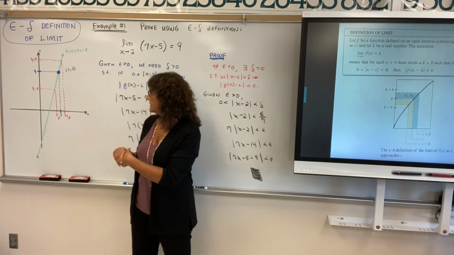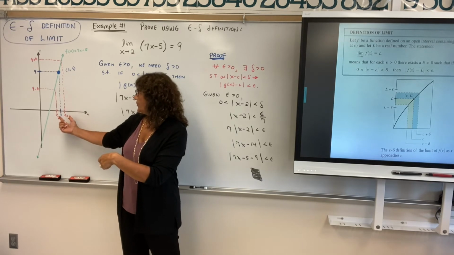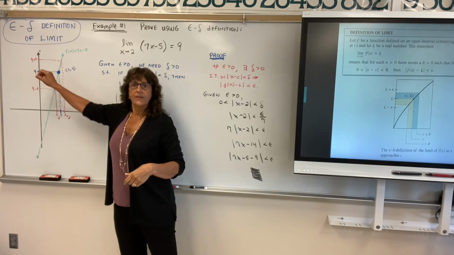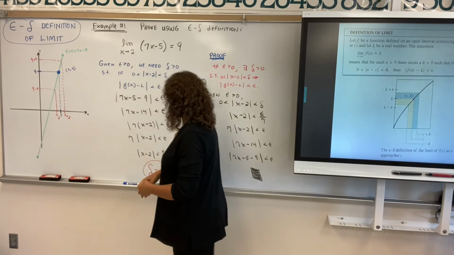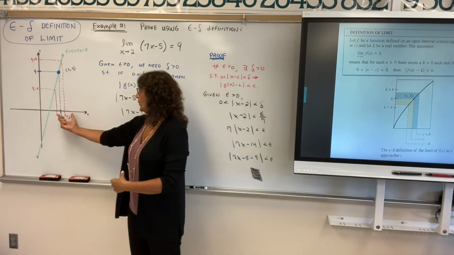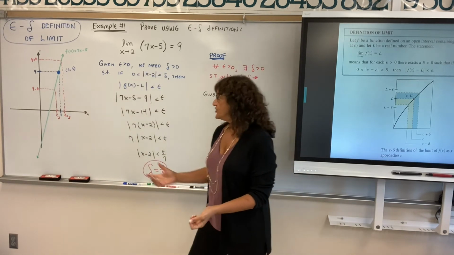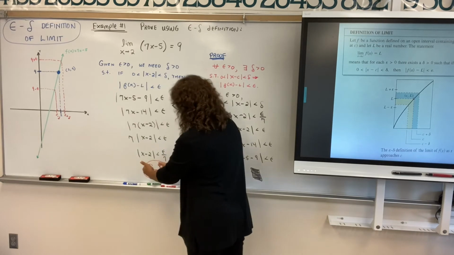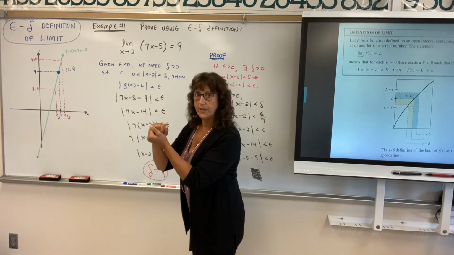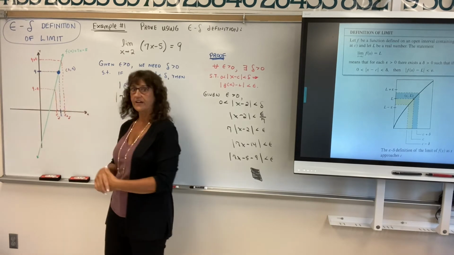So take a look at the graph over here. Your epsilon window and your delta window, look at the relationship between the two windows. According to our calculations, your delta window is 1/7 of your epsilon window. Your delta window is just 1/7 the size of your epsilon window, or your epsilon window is 7 times the size of your delta window.